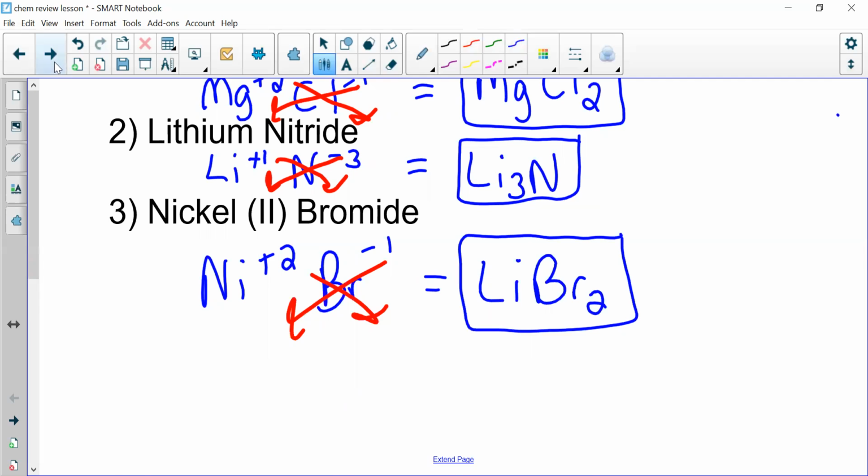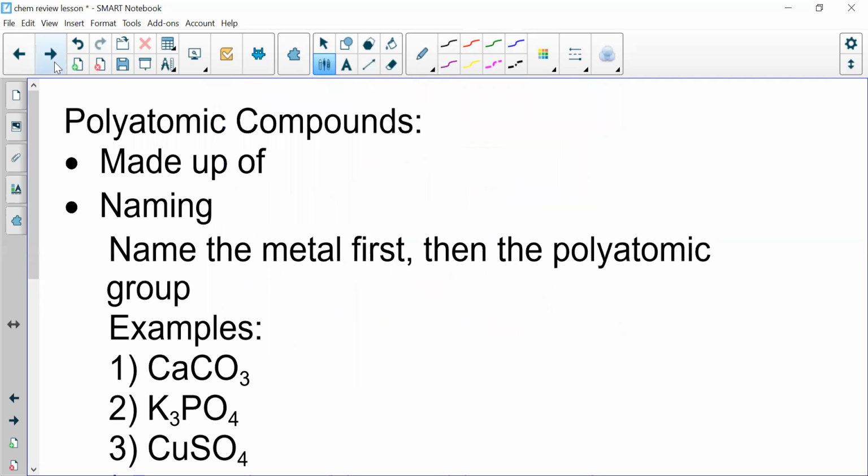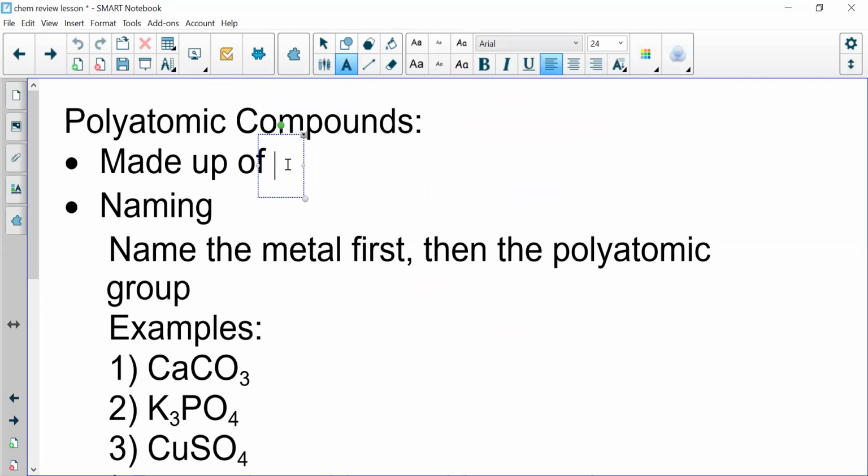Okay, now we're going to move on to polyatomic, which is very similar to ionic, but what are polyatomic compounds made up of? Metals and polyatomic groups. Good.